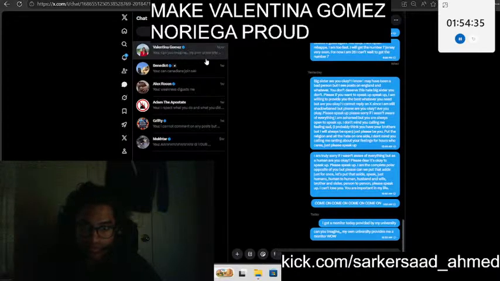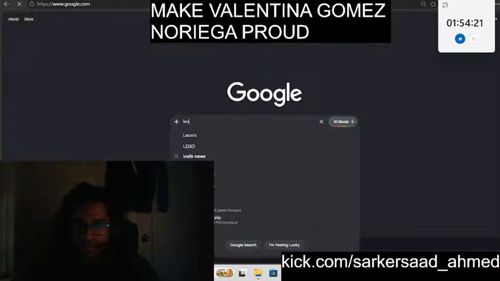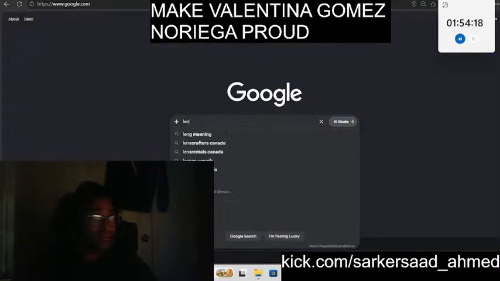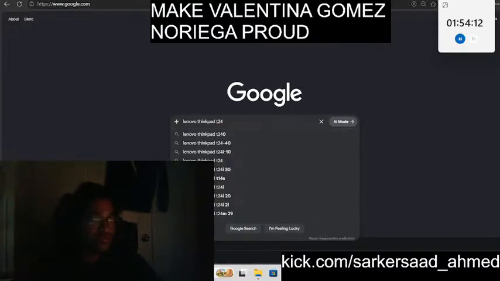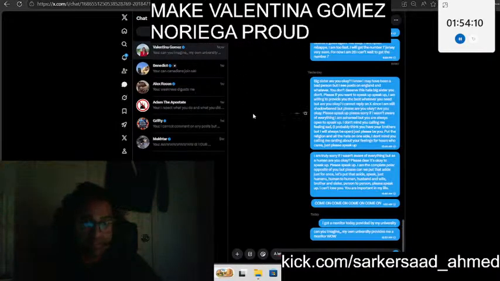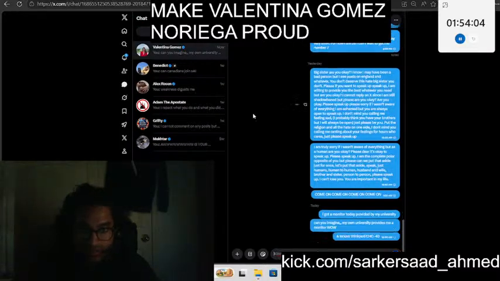Wow. The box is literally right there. Lenovo ThinkPad T240, right? Yes, Lenovo ThinkPad T240. Very good monitor. Maybe I am not a deadbeat, I guess.